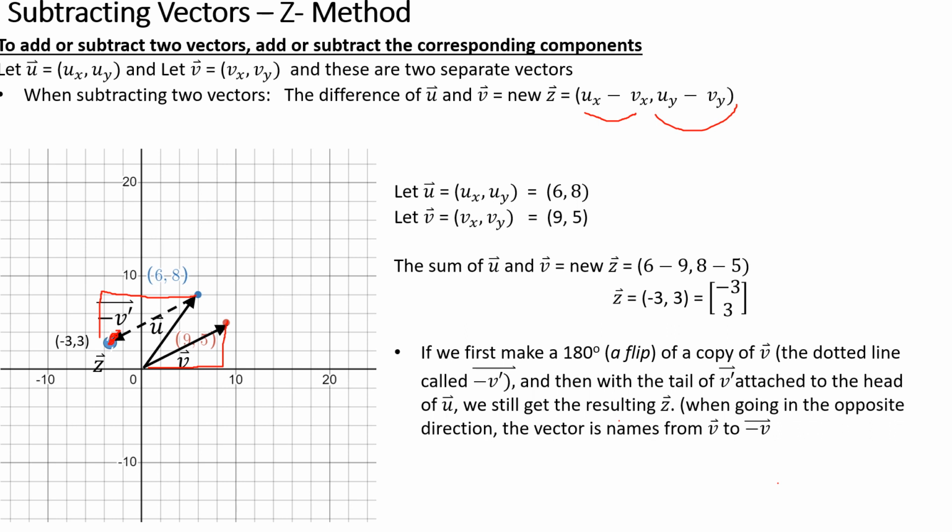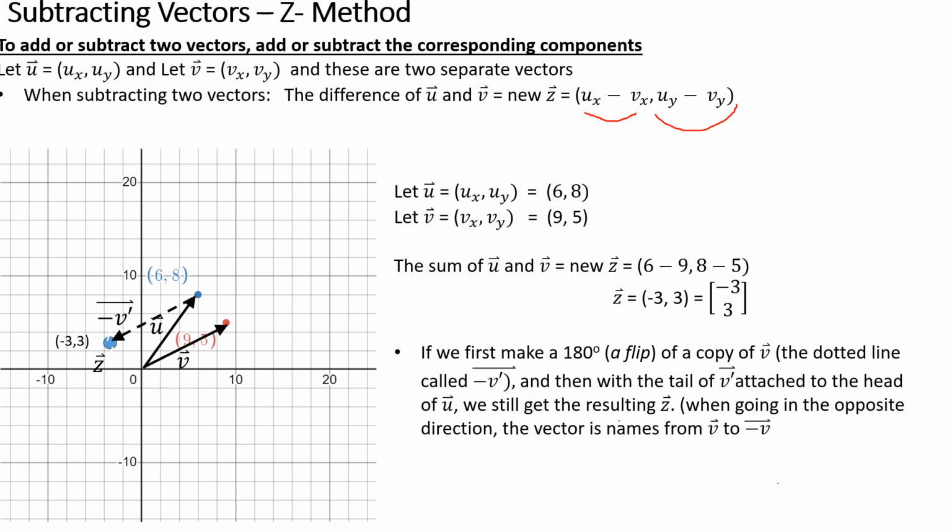Or let's look at this. What if I had v minus u instead of u minus v? Let's erase this here. If I had v minus u, my u is going 6, 8, so it'd be minus 6, minus 8. So I start my v here, at the end of my v vector, and I'm going to put the tail of my u in the opposite direction.